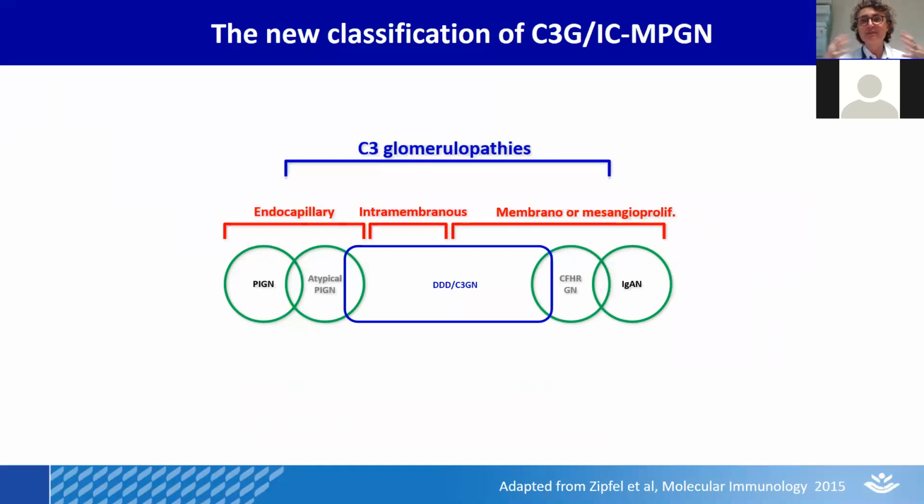So going a little bit more broadly now, the new classification, and this can be important when you're looking at your biopsy results, when you're interpreting what you may read, is that when you're speaking about C3G, DDD, C3GN, and MPGN, you're talking about a glomerular disease that is characterized by intense inflammation, and that is driven by deposition of complement within the glomerular basement membrane, which leads to proteinuria.